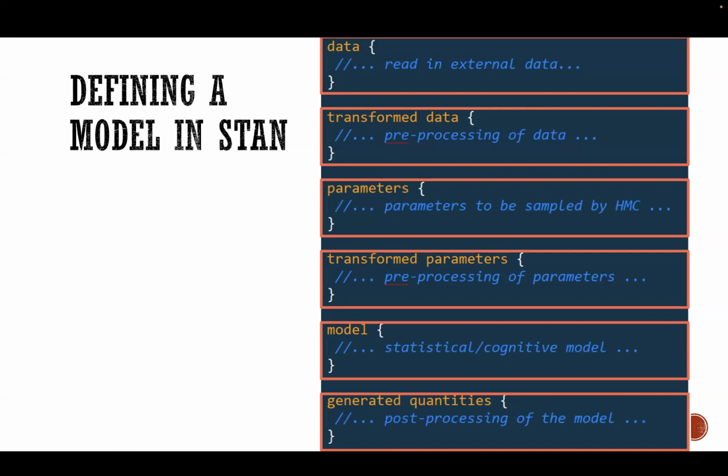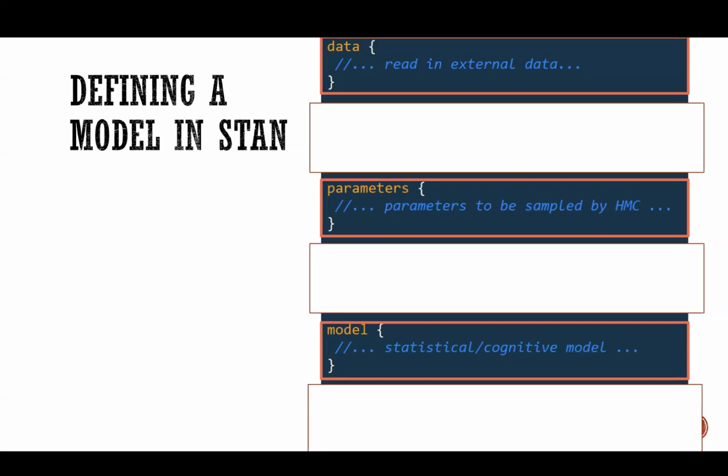We've seen that there are three key blocks. One is the data, where we have to tell Stan which kind of data we're giving it. And it has lots of checks inbuilt. That means we need to be very specific in saying which kind of data we're giving it.